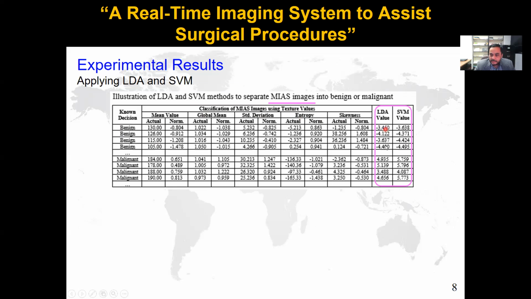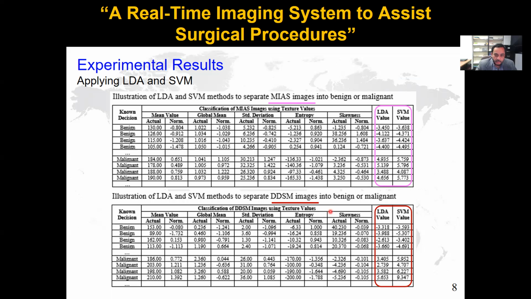And looking at the last part, we see that benign images are clearly identified with negative LDA values and negative SVM values, whereas malignant images are identified as positive values for both LDA and SVM analysis. So that shows that this methodology is useful to accurately classify benign and malignant images.